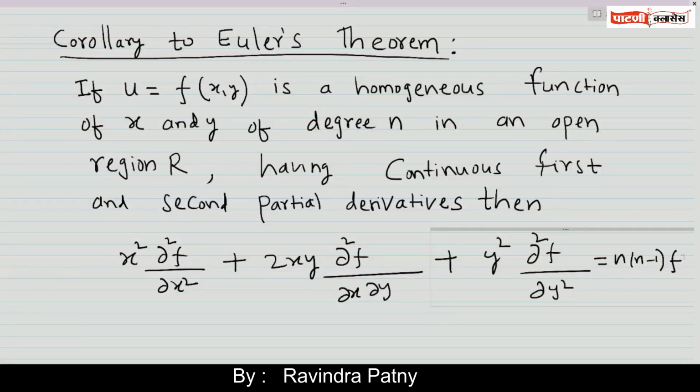According to the corollary of Euler's theorem, if u equals to f of x comma y is a homogeneous function of x and y of degree n in an open region R having continuous first and second partial derivatives, then we have to prove x square dou 2f upon dou x2 plus 2xy dou 2f upon dou x dou y plus y square dou 2f upon dou y2 equals to n into n minus 1 f. Now let us prove this corollary to Euler's theorem as follows.